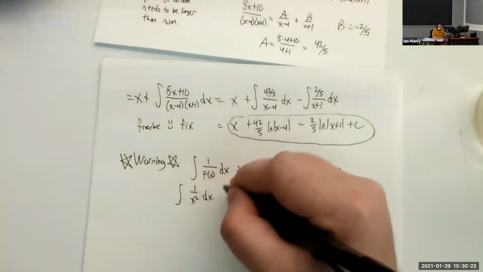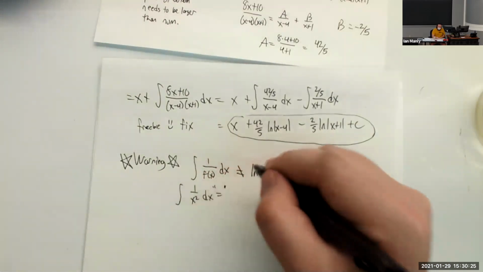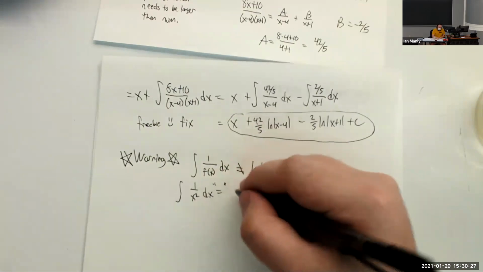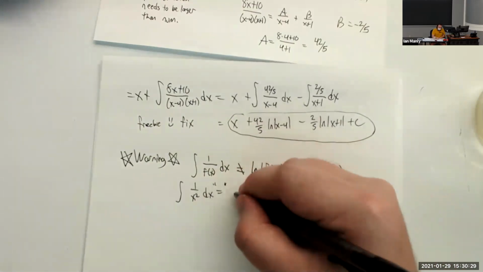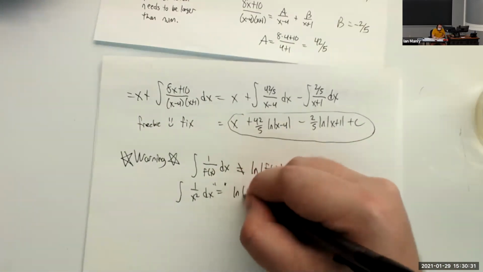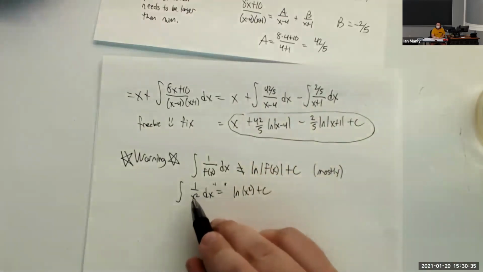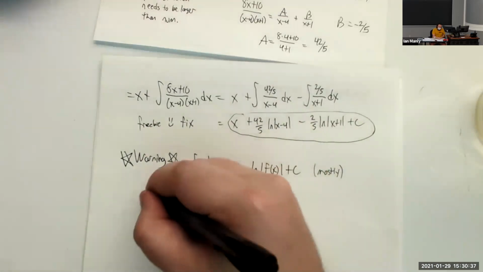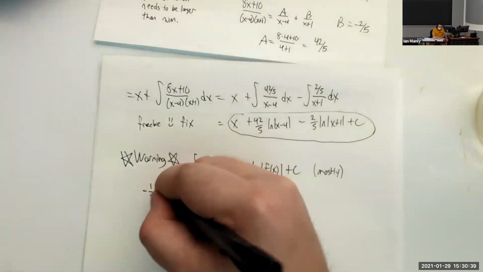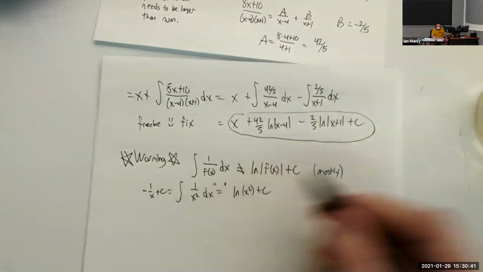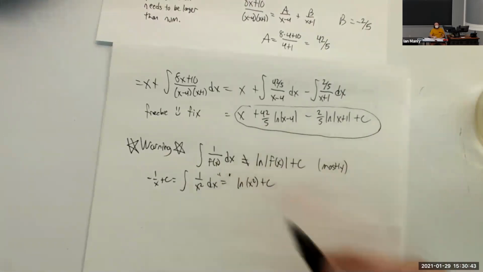If we followed this rule, and I'm going to put this in quotes because it's not true, then we would end up getting ln of x squared plus c. But we know what the real antiderivative is. It's going to be negative 1 over x. And these are not the same thing. So in general, if you have 1 over a function, the antiderivative will not be the natural log of that function.